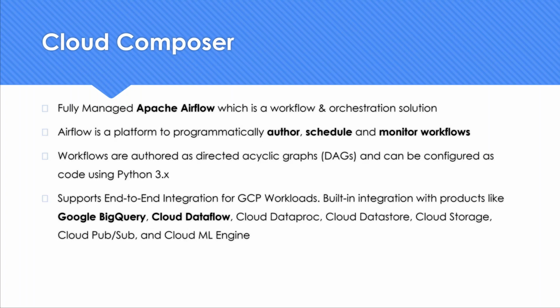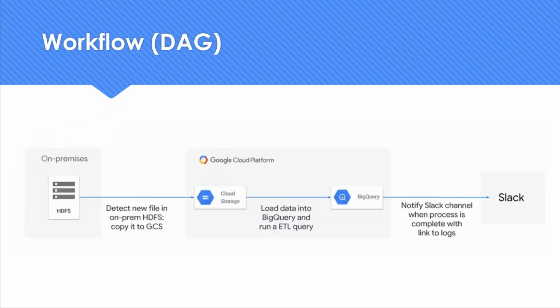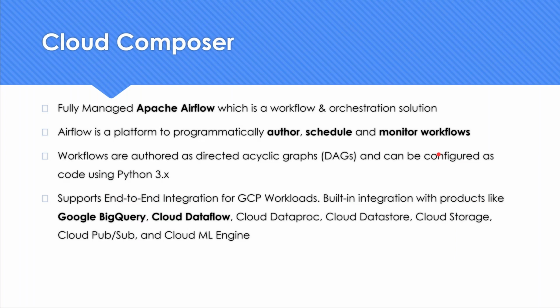So if you have already written a pipeline in Python, you just copy that Python code with slight modifications and upload it to a Google Cloud Storage bucket. Everything else is going to automatically pick it up.